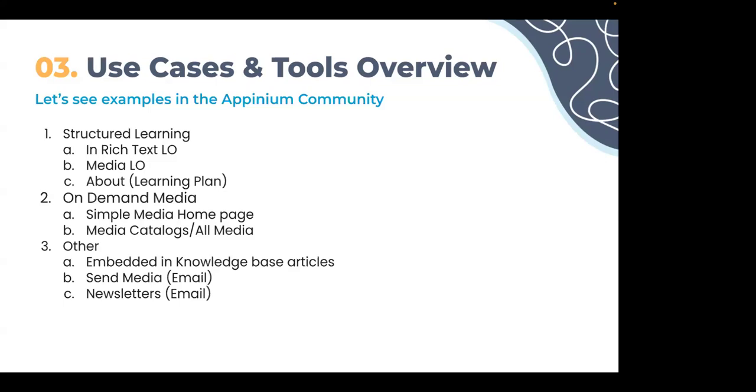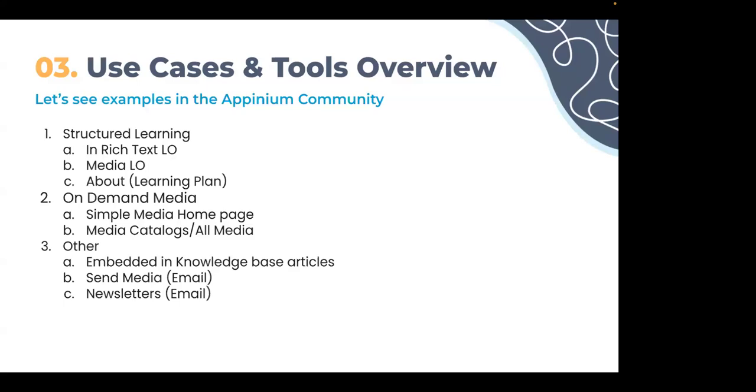And then the third thing, I kind of jumbled all these up into an other, but what I'm finding is this same piece of media I can put in structured learning and on-demand learning, I can also embed into a knowledge-based article. So I can take one piece of media that I've done in one place and use it in multiple places. I could send this video to someone who's having issues.